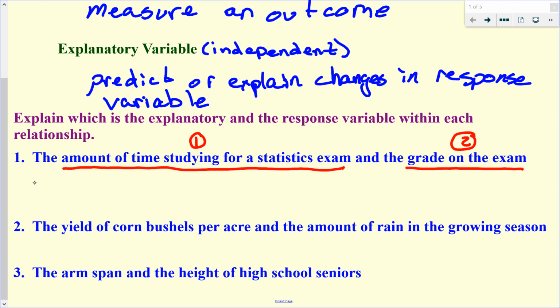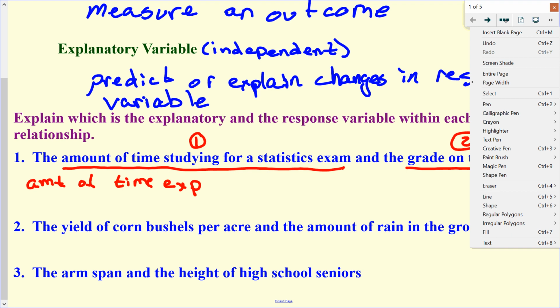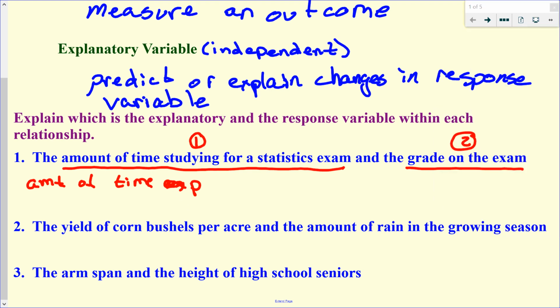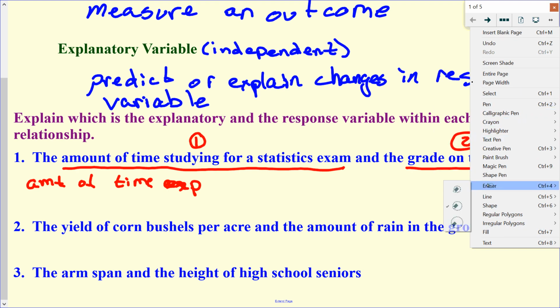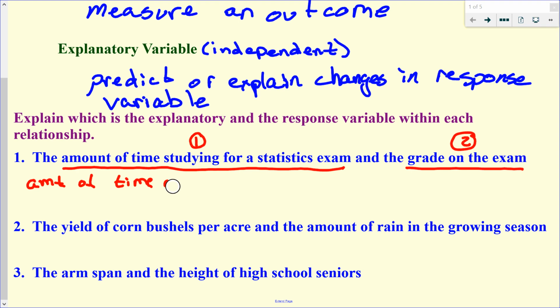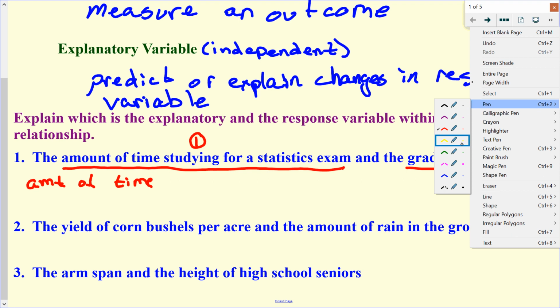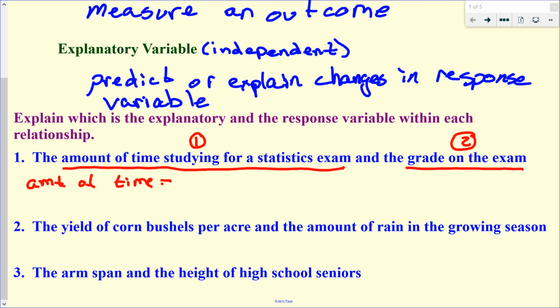So the amount of time studying will be our explanatory variable.